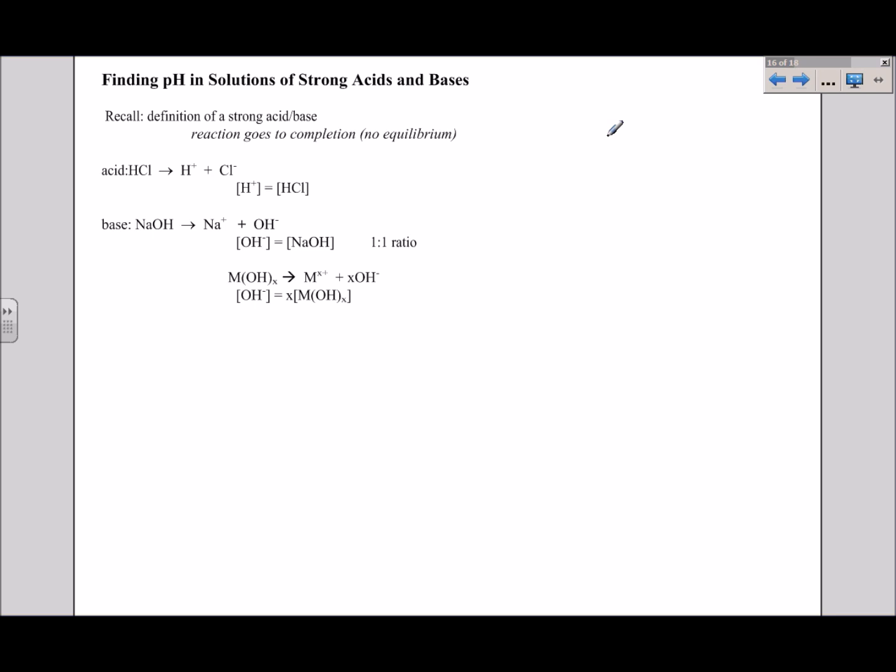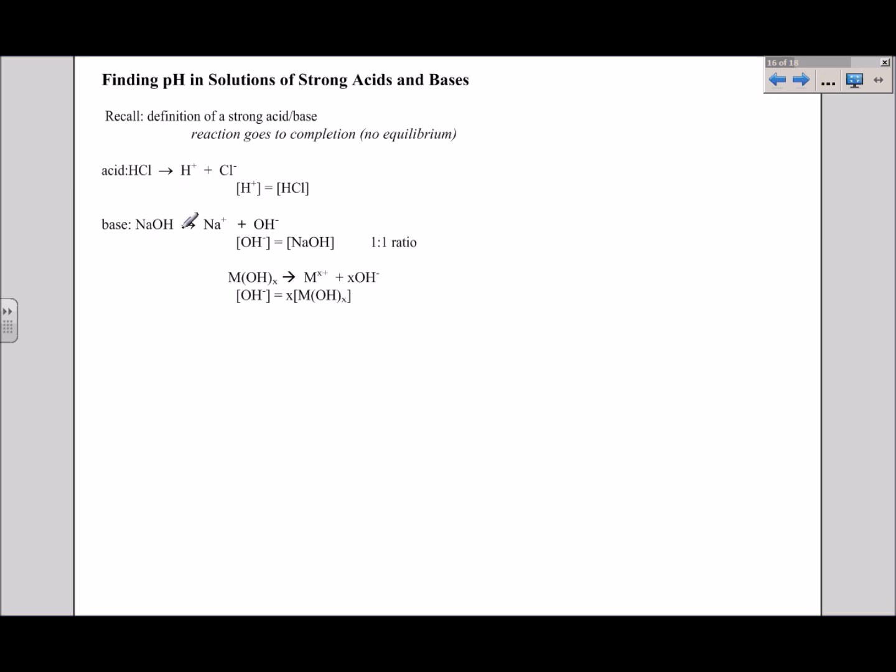Now, when we want to find the pH of strong acids and bases, we're going to be using the same formulas that we've previously looked at, but we're just going to do some preliminary information in order to identify the concentrations of the hydronium or hydroxide ions in solution. With an acid that completely dissociates, what we'll see is that the concentration of H plus is going to be equal to the concentration of the acid in solution, because as you can see, they dissociate in a 1-to-1 ratio.